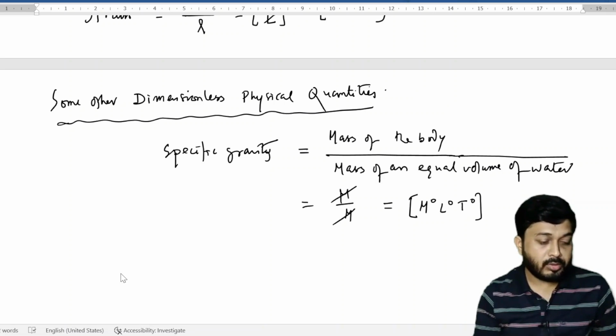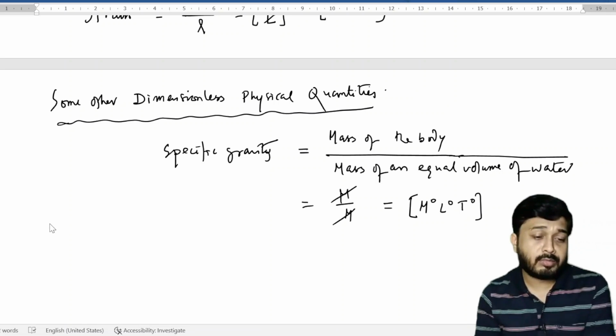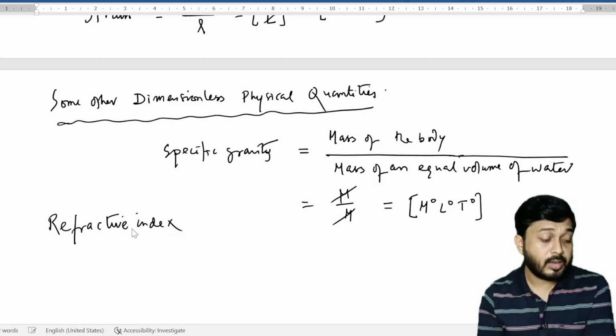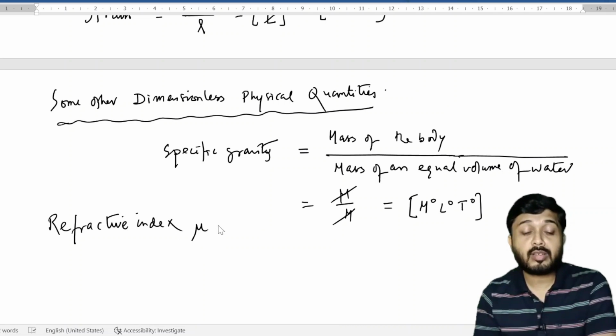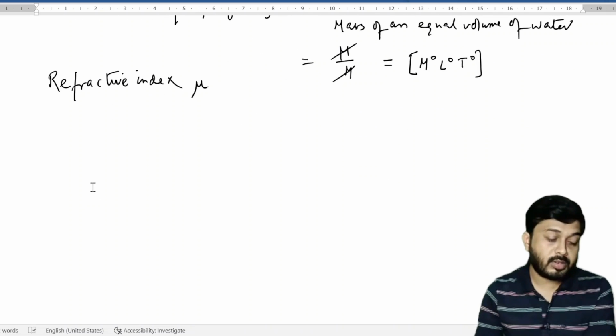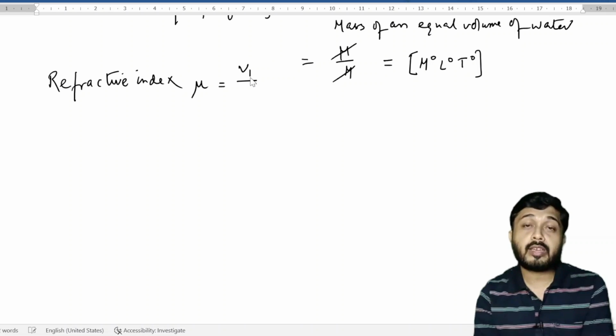After that, I want to tell you about refractive index. Okay, you must have heard about the refractive index in your class 10 physics syllabus. Can you tell me what refractive index is? Refractive index, mu, is the symbol with which we denote it. Refractive index is actually the ratio of two velocities, the velocity of light in medium 1 to the velocity of light in medium 2.